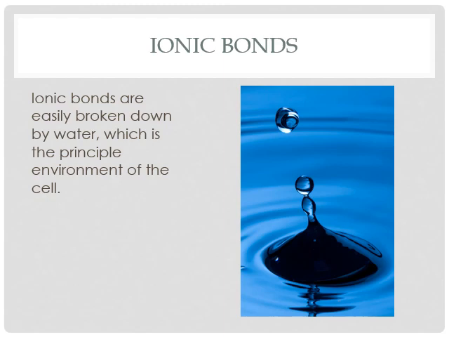Ionic bonds are very easily broken down by water. And water, interestingly enough, is the principal environment of the cell, the principal environment in which life occurs. So our next discussion is going to be all about water and how water plays a role in promoting life.